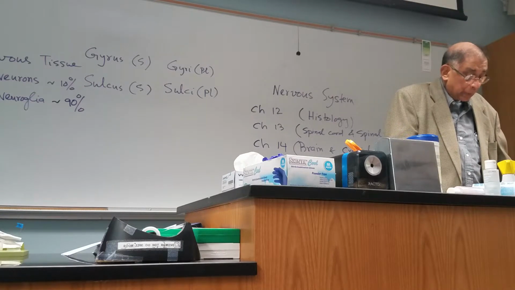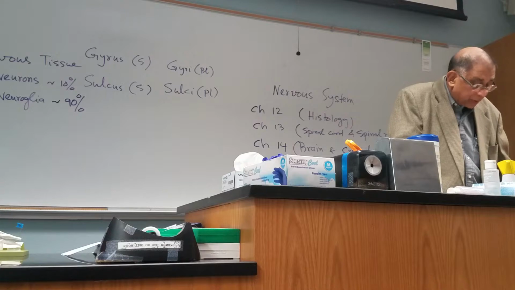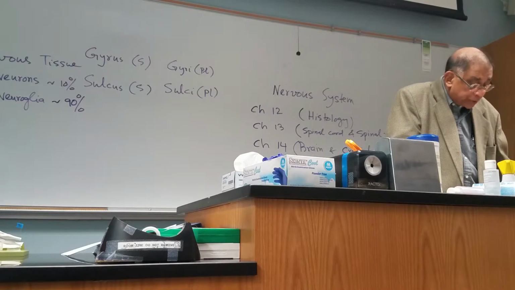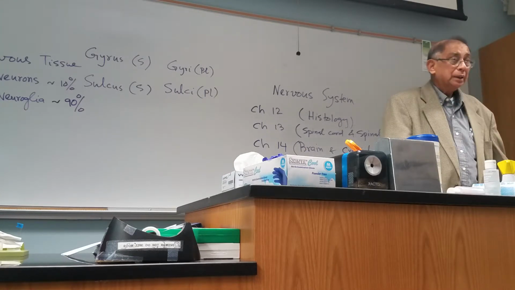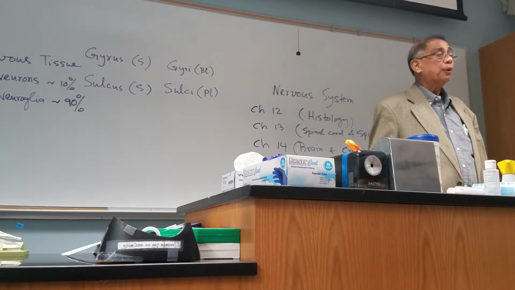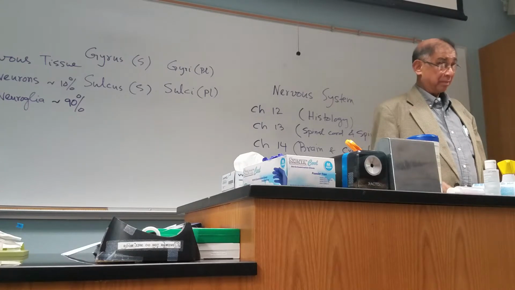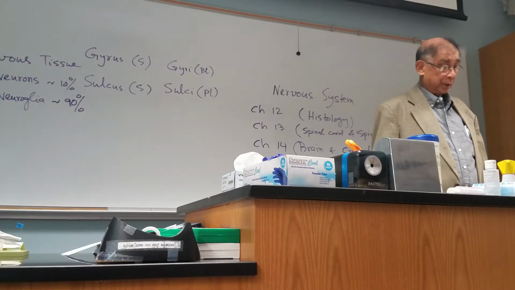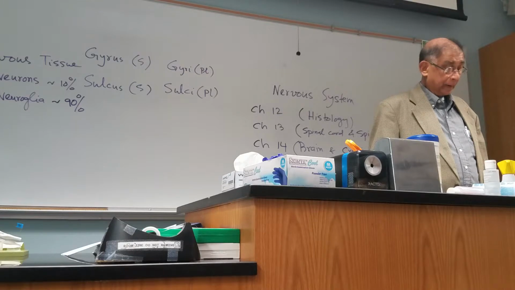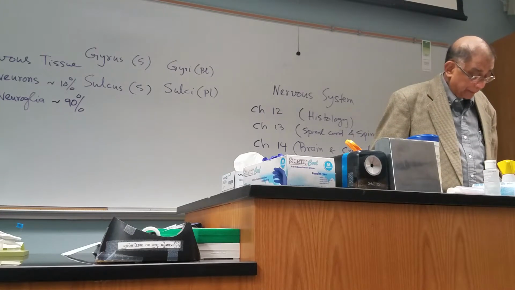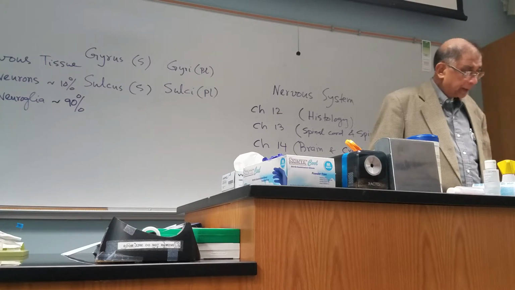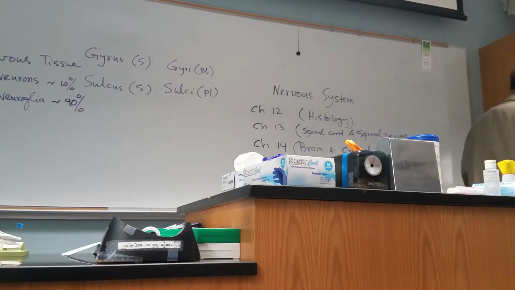Now, this part of hindbrain, like the pons, like the medulla oblongata, the midbrain, and also the thalamus and hypothalamus, they form the brain stem, as you will see later on. Okay? So in the 5-week embryo, all the cavities have been differentiated.